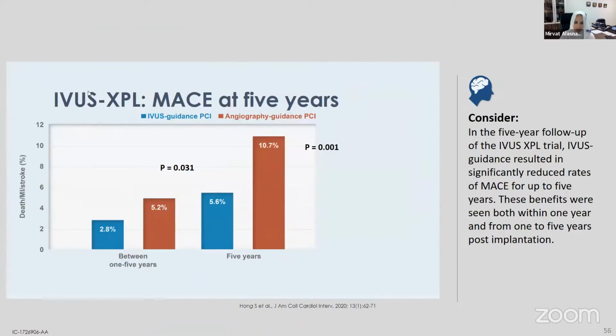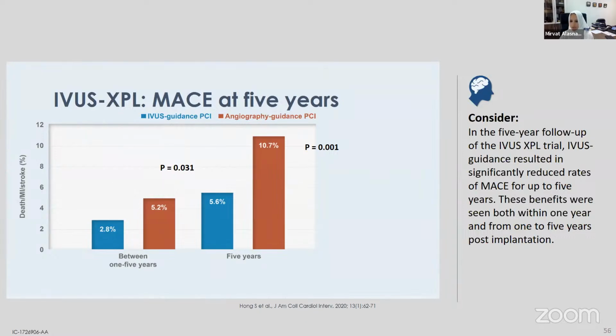The IVUS XPL, again, the 5-year outcomes, you see that initially between 1 and 5 years, definitely angiography had more clinical events in terms of death, myocardial infarctions, and stroke. At 5 years, you see that gap widen even more, and it almost doubles the event rates at 5 years.